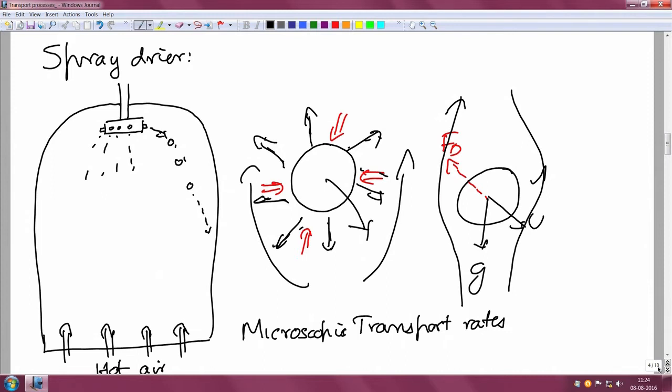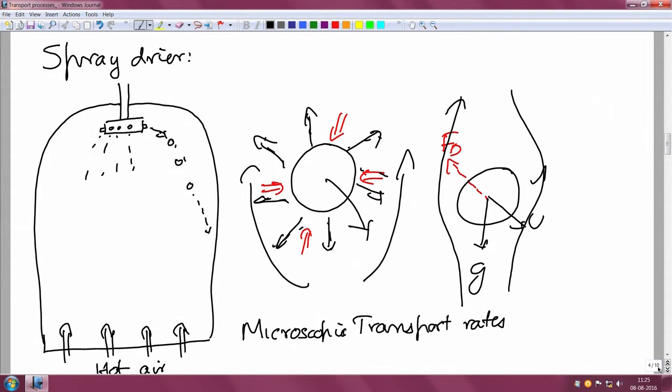These spray dryers are quite large in size. They could be a meter in diameter, maybe a few meters in height. They have to be large enough that the entire drying process takes place before the droplet hits the wall. And for that, what is important is what happens at the particle scale, at the droplet scale, at 100 micron scale.